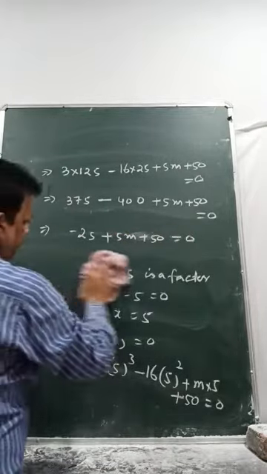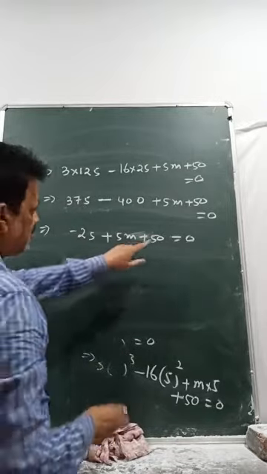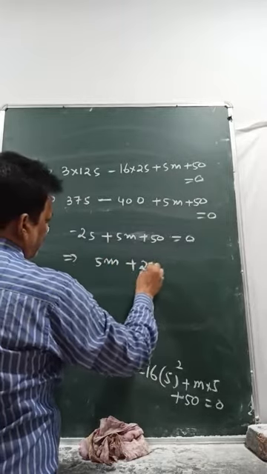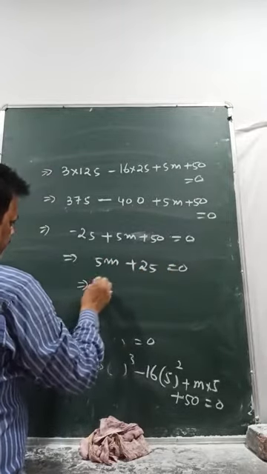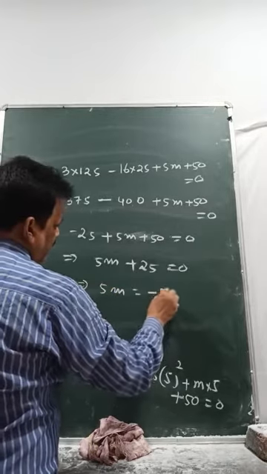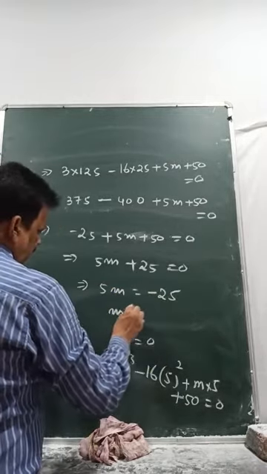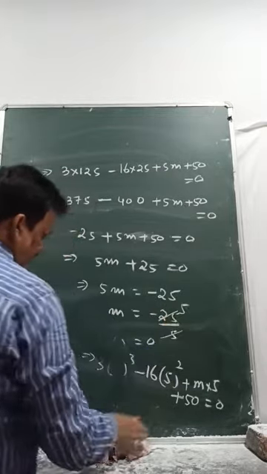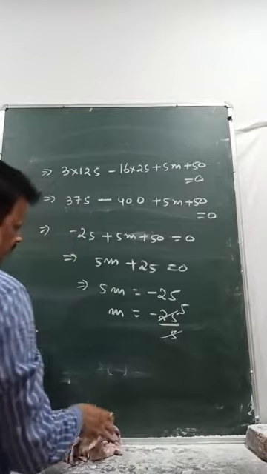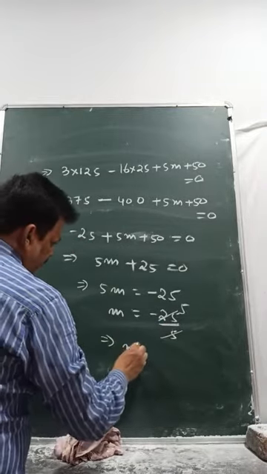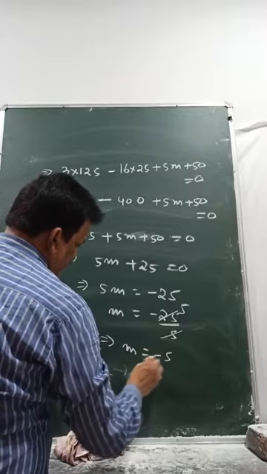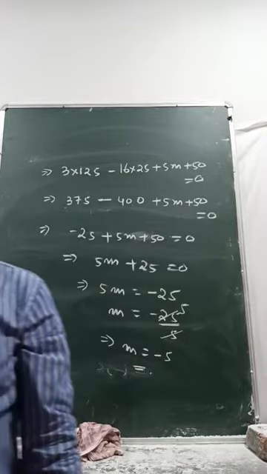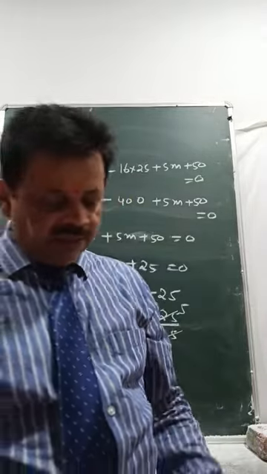Again, combining these two, 5m plus 25 equals 0. 5m equals minus 25. m equals minus 25 by 5. This implies m equals minus 5. Okay, so this is one pattern of question. Tomorrow we will study a new pattern.